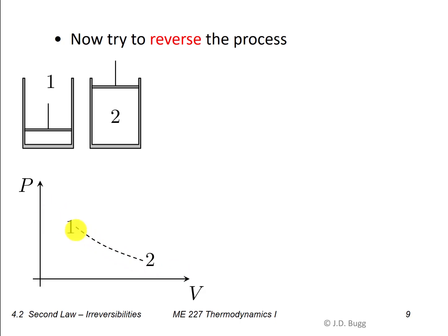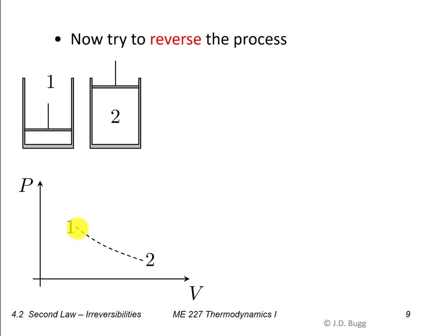Now notice I've joined 1 and 2 with a dotted line instead of a solid line, and this is a convention in thermodynamics. When we have a process that goes from 1 to 2 but it's not a quasi-equilibrium process, we typically show that as a dotted line, because we don't want to imply that the intermediate states along here follow this line perfectly.